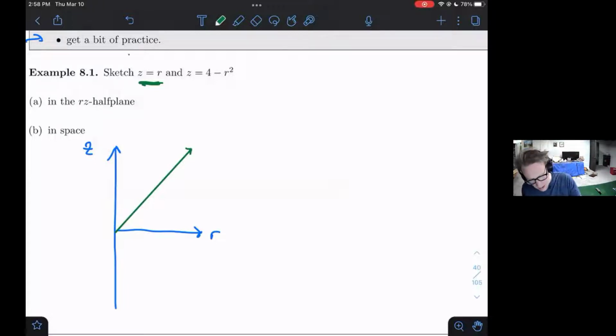It's like the classic y equals mx plus b, but in this case our dependent variable is z and our independent variable is r. So z equals r is the same thing as z equals 1r plus 0. Again, an intercept of 0 and a slope of 1. It's a nice straight line, and again, it's only the half plane, because we only allow positive radiuses. If we allowed negative radiuses, it would also contain the negative half.